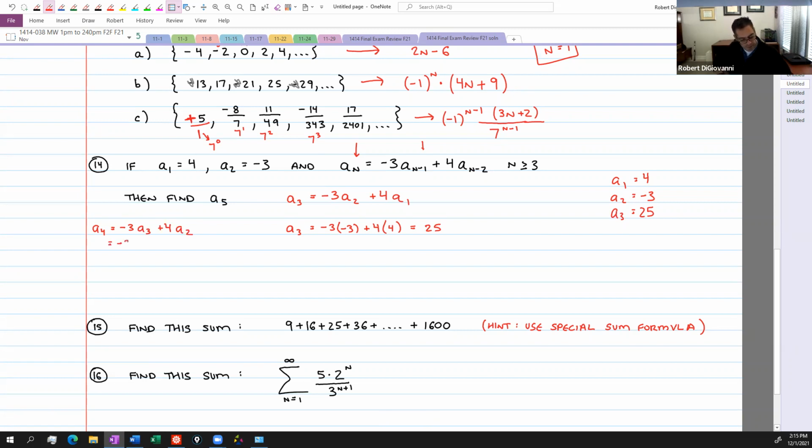So this will be -3 times the third one, which was 25, plus 4 times the second one, which was -3. This is -75 minus 12, -87. That's your fourth one.